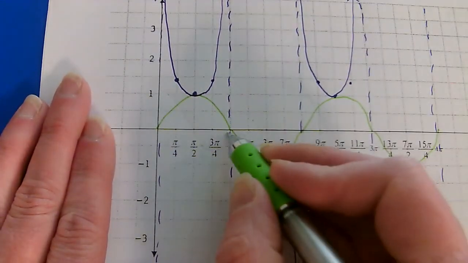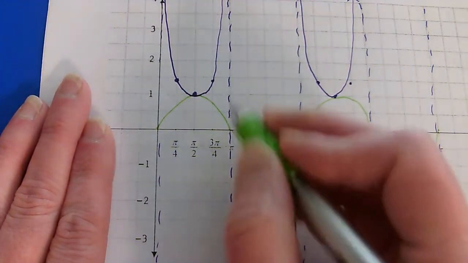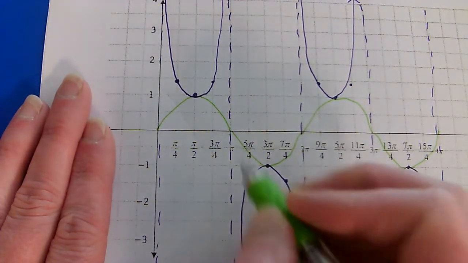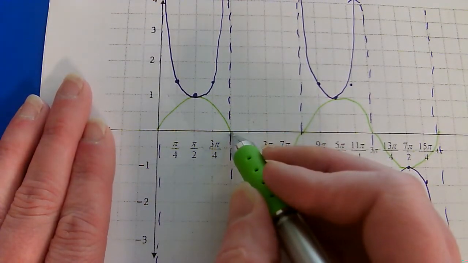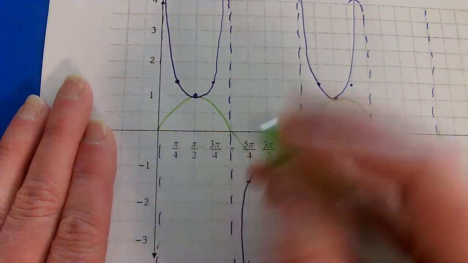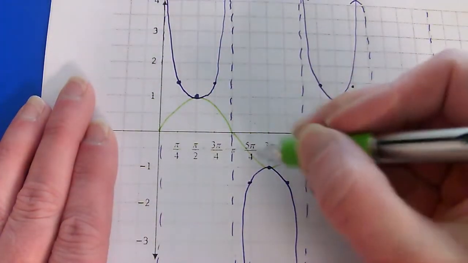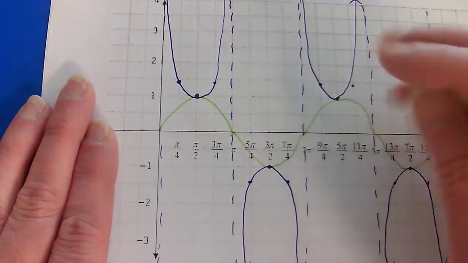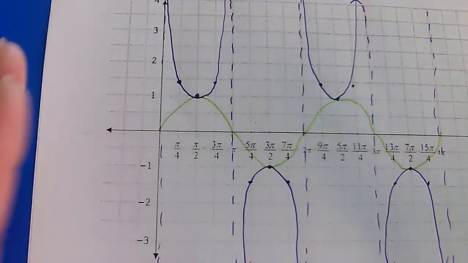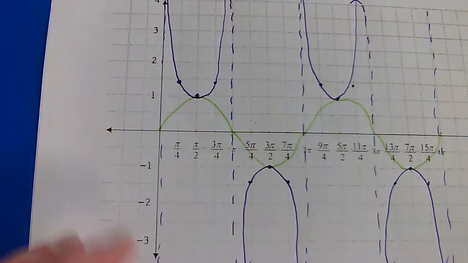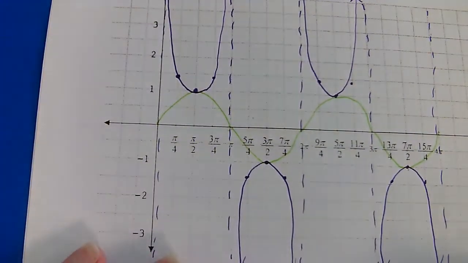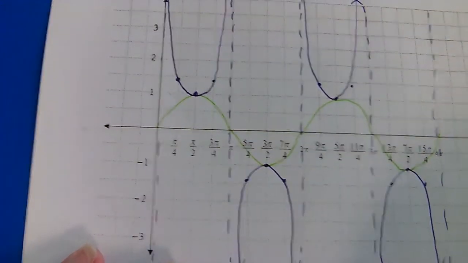So every time sine crossed the x-axis, I get this vertical asymptote because 1 over 0 is undefined. The rest of it gets flipped because it's a reciprocal. So these little hills get flipped for cosecant. That's how I think of it, but you can always use the calculator or Desmos to look at the graphs yourself.